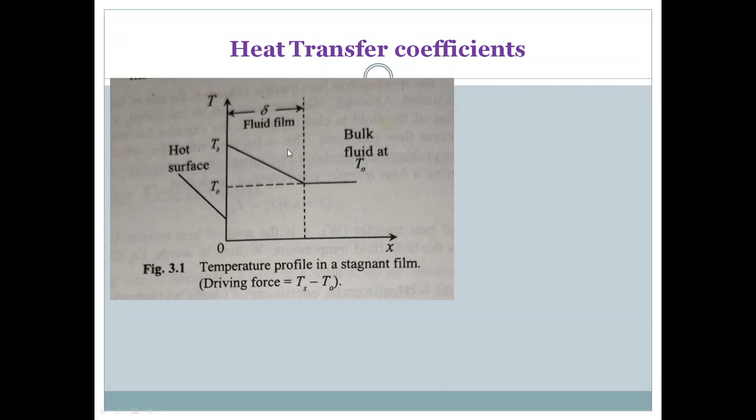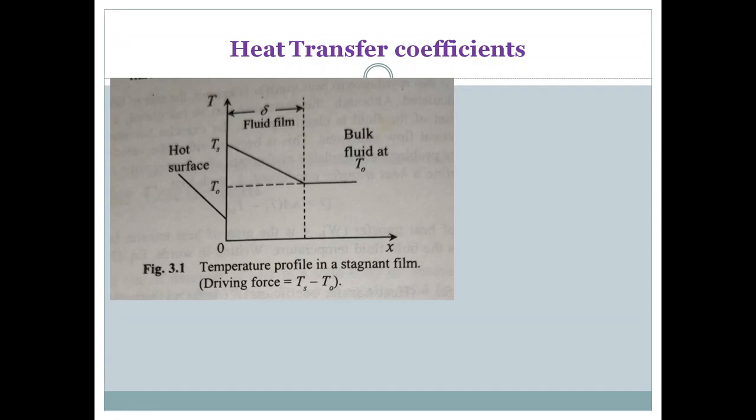and let's assume there is a fluid film of thickness delta flowing, and that is a stagnant fluid. So here the surface temperature is Ts and the bulk fluid temperature is T0. Heat transfer happens from higher temperature to lower temperature, but let's assume this is a stagnant film.